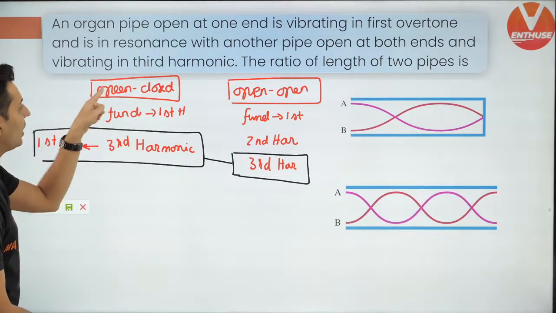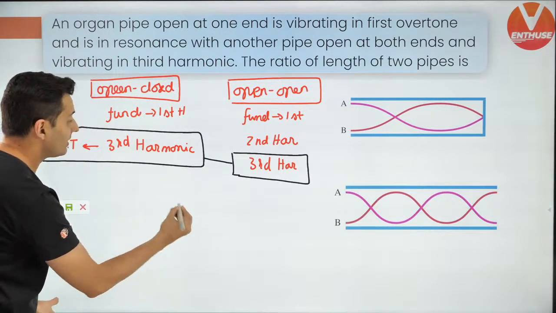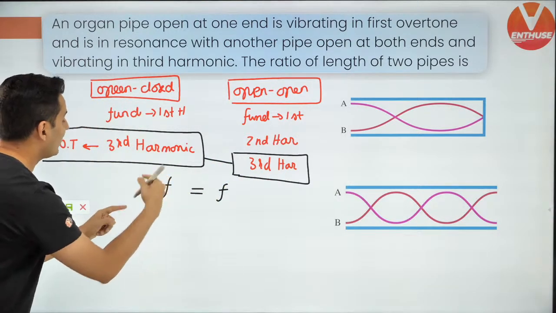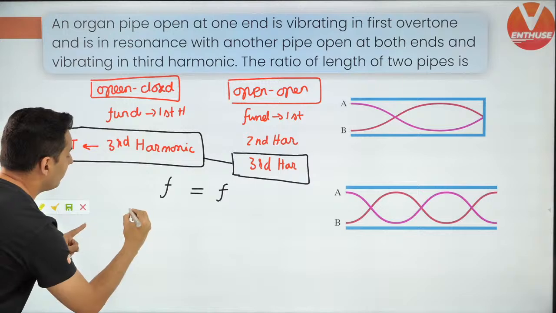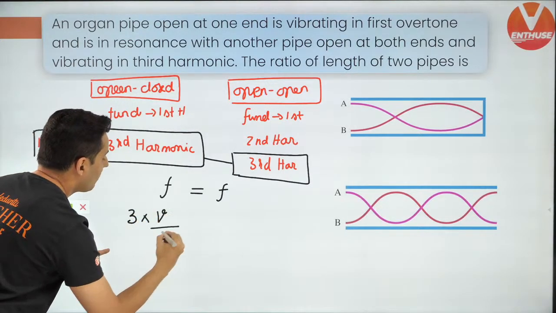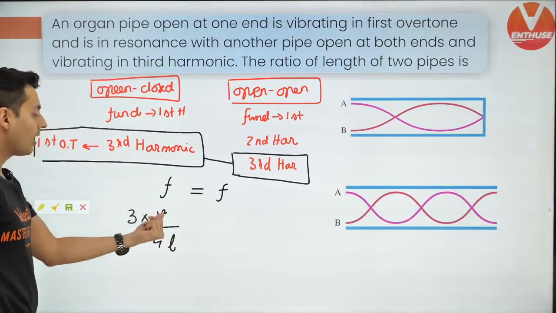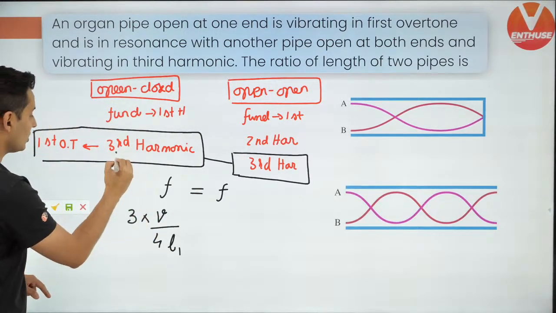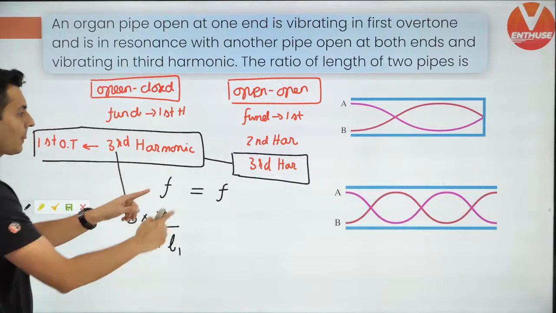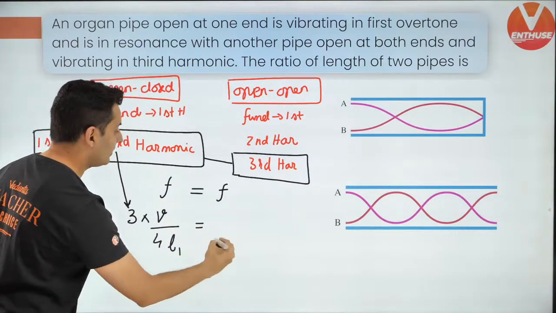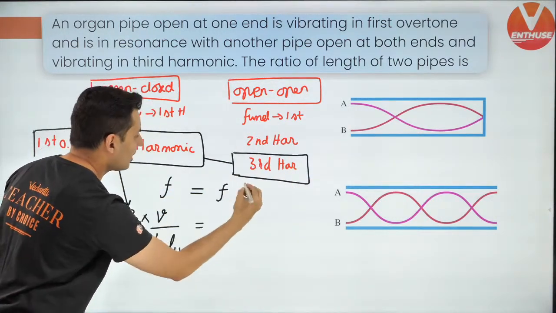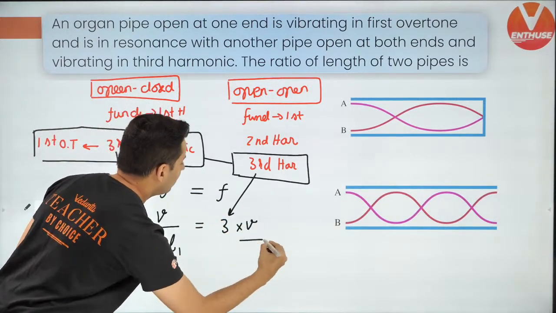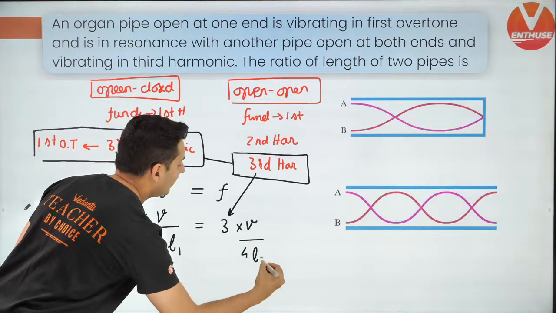For the third harmonic in the open-closed pipe, the frequency of this matches with the frequency of this. The formula for frequency is harmonic number, which is 3, into velocity by 4L. That's 3V by 4L. For a pipe open at both ends, the harmonic number is again 3, so 3 into V divided by 4 into length 2.